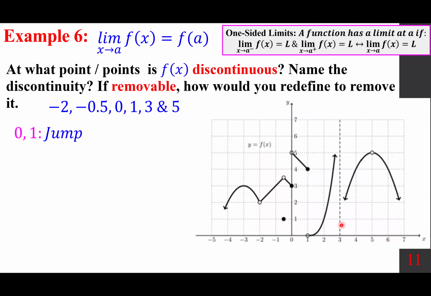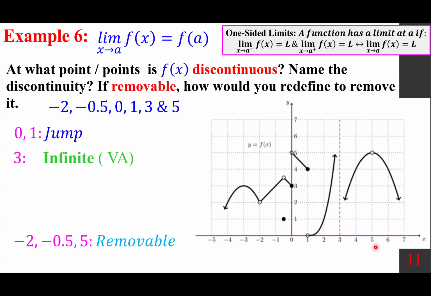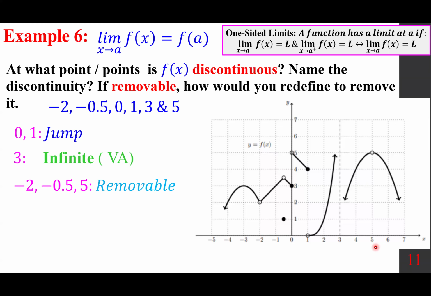Also notice at number 3 we have an infinite discontinuity, a vertical asymptote. The rest of them, -2, -0.5, and 5, are all removable.